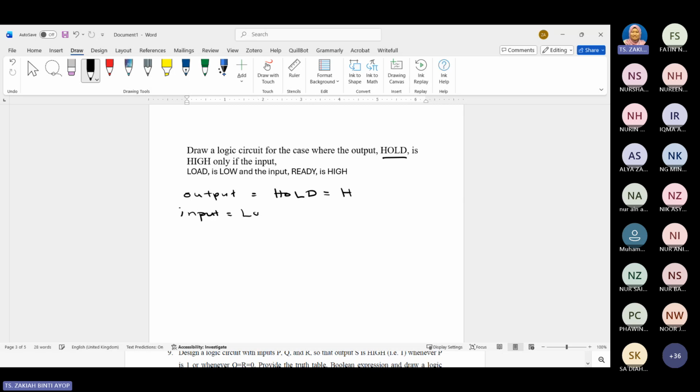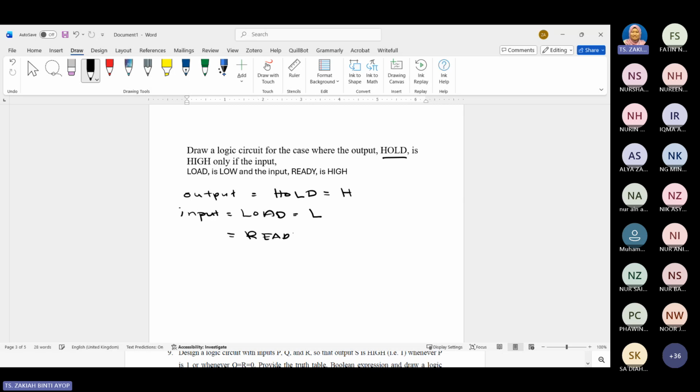Now LOAD can be represented as L. But if they have the same variable names, you need to give another variable. In this case, we are lucky. They just use L for LOAD. And then another input is READY.